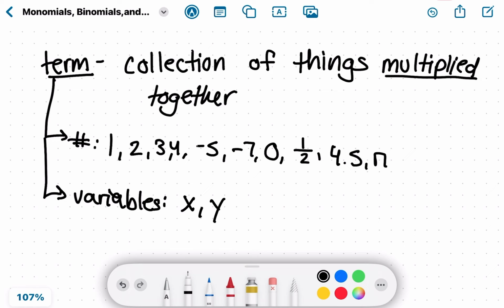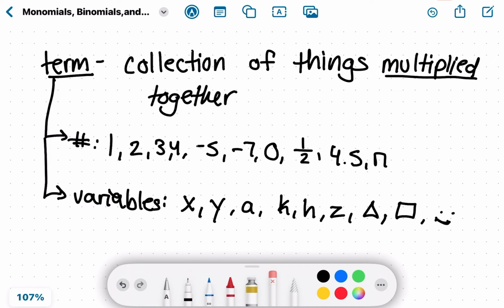But if you really think about it, any letter could really be a variable, like A, K, H, Z. Even shapes too, like a triangle. That could also be delta. Square, smiley face. Oop, that's not a cute smiley face. Let me fix that one. There we go. Now, anything could really be a variable.